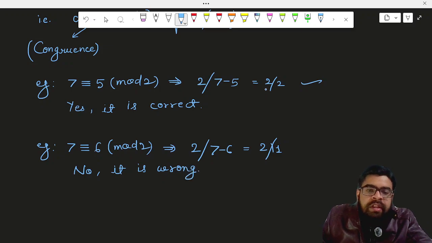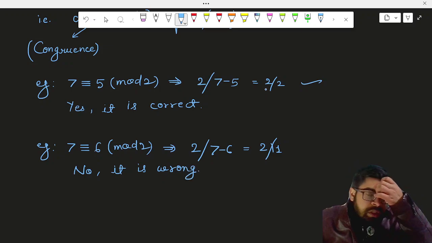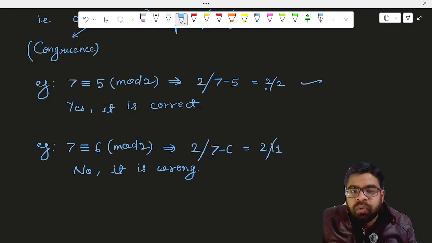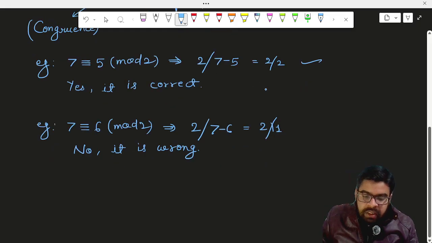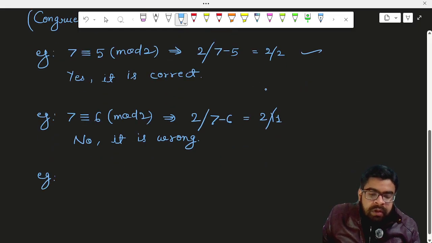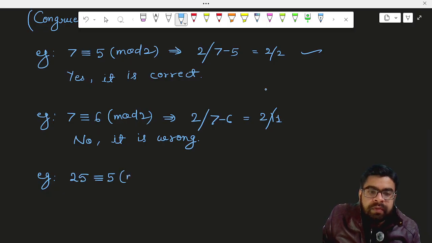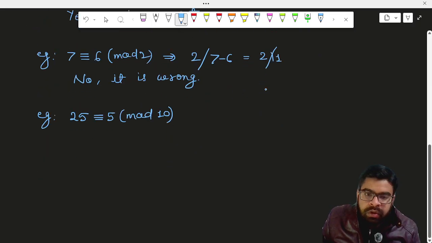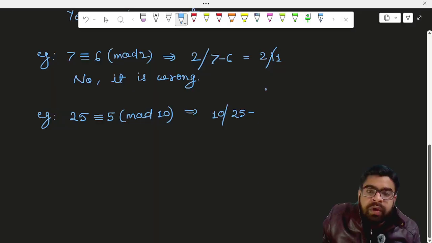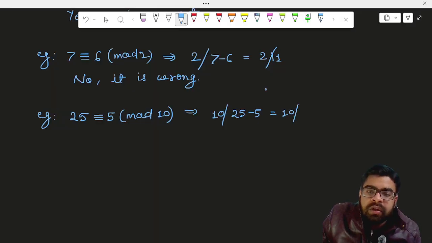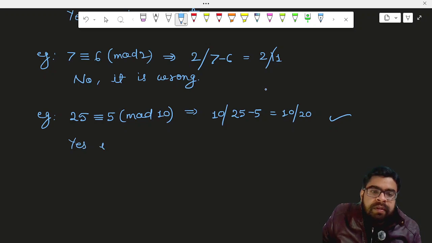In this way we can write the congruence of any two integers with their modulo. Let's take any other example: 25 congruent 5 modulo 10. Is it right or wrong? We see here 10 divides 25 minus 5, so 10 divides 20, which is true. So yes, it is correct.